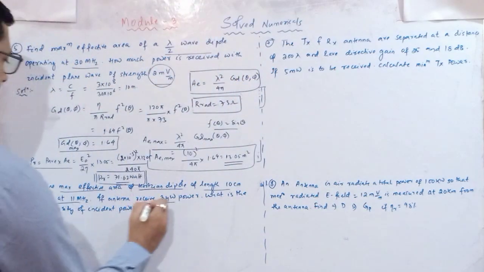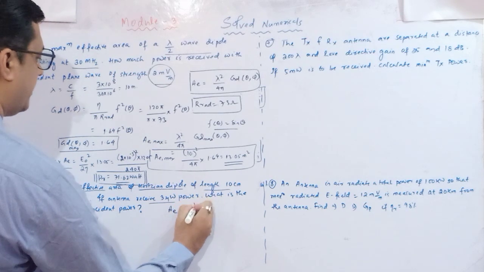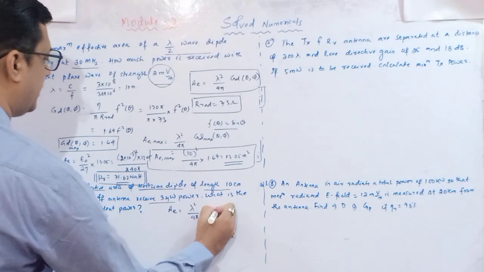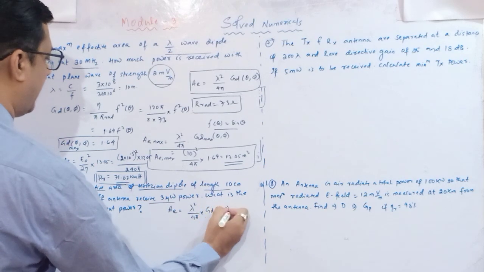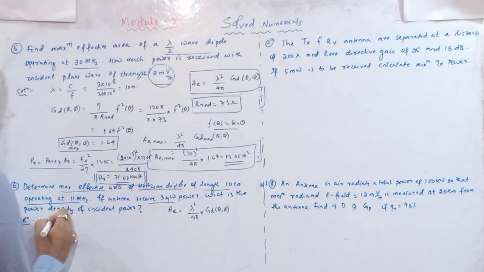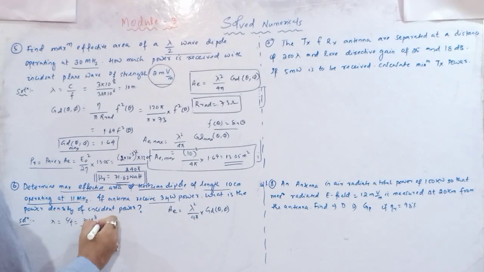First of all, we have to determine the effective area. Effective area, as I have written, is lambda square divided by 4 pi into GD of theta, phi. Now lambda is equal to C by F. C is 3 into 10 to the power 8 and F is 10 megahertz, 10 to the power 6.